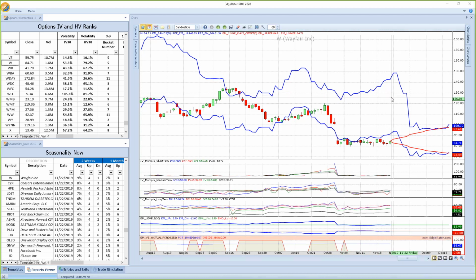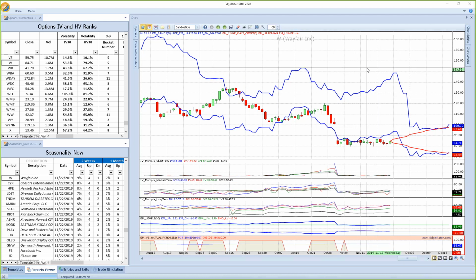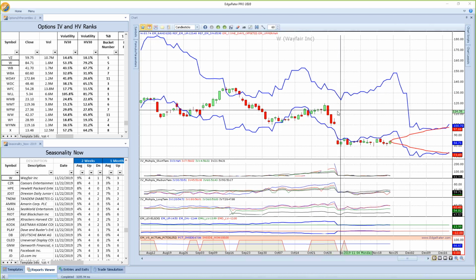So would those bars outside the blue channel say that if you had bought options earlier, you would have been in the money? Or am I reading that wrong? It's the right idea, and it would really depend on what kind of options, what kind of strategy you had.